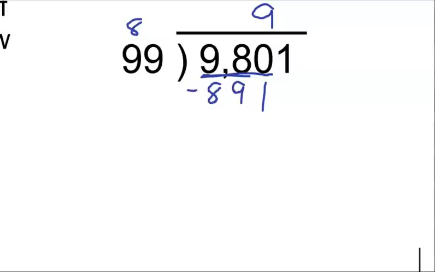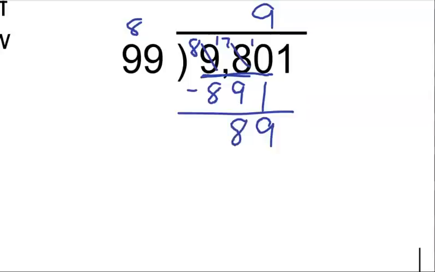Then we're going to subtract that. We have to borrow from the 8 and get a 7. This will be 10, and 10 minus 1 is 9. We can't take 9 away from 7, so we have to borrow from there. This is 17, and 17 minus 9 is 8.